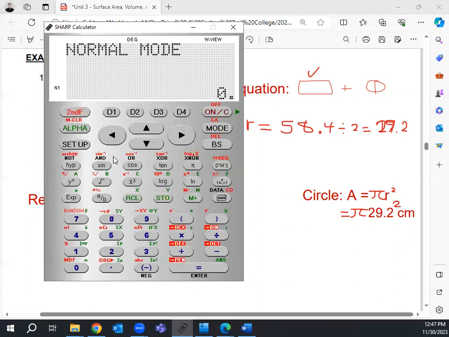So then all I got to do is put that in my calculator. Your pi button is near your top right, this little thing below your right arrow. You can write it in exactly as you see it, pi times 29.2 squared. You could put a times in here if you want, because that's technically what's happening.